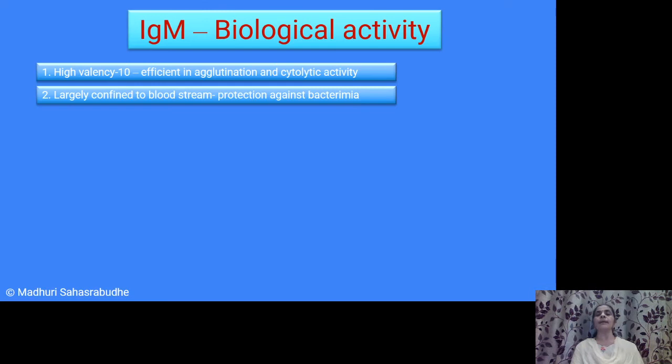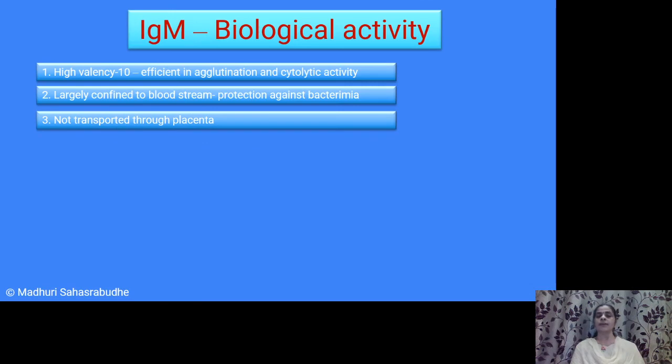What do you mean by bacteremia? Emia is blood, the presence of bacteria in the blood. So IgM is responsible for looking after the bacteria or any foreign material found in the bloodstream, and therefore a very important role of IgM is protection of the bloodstream.